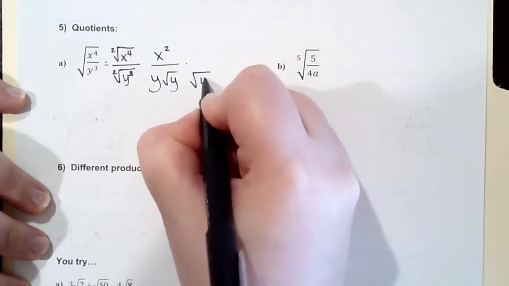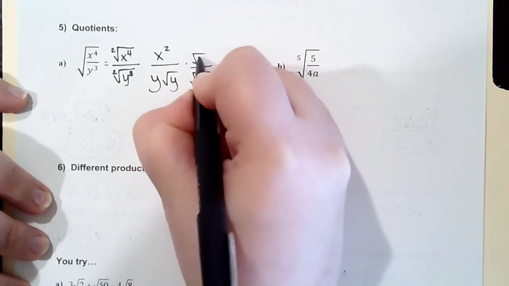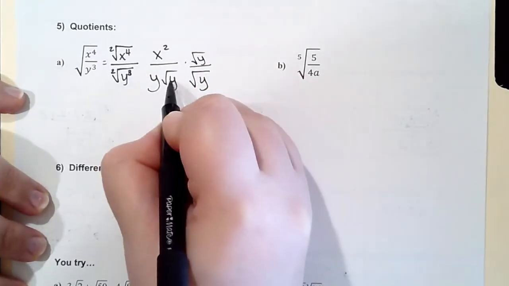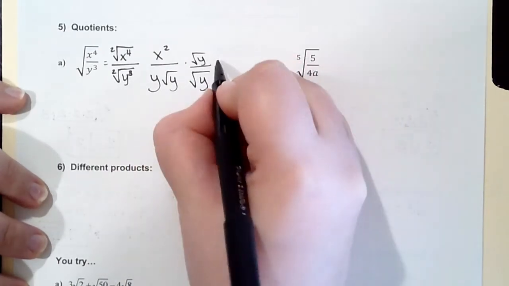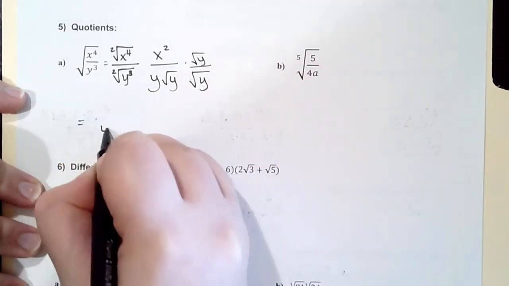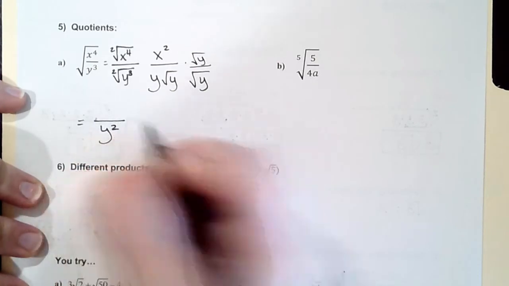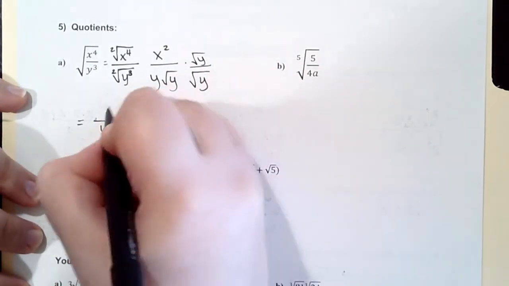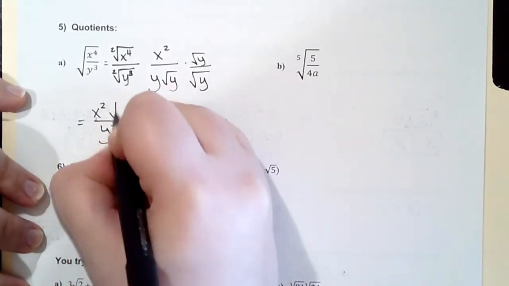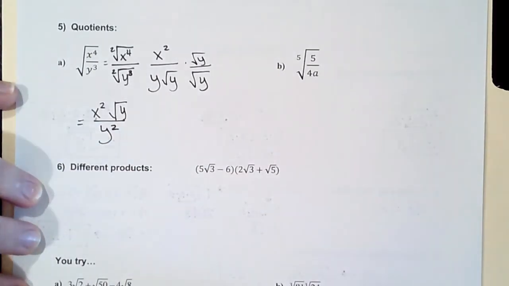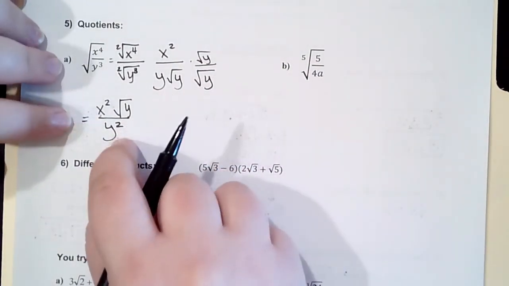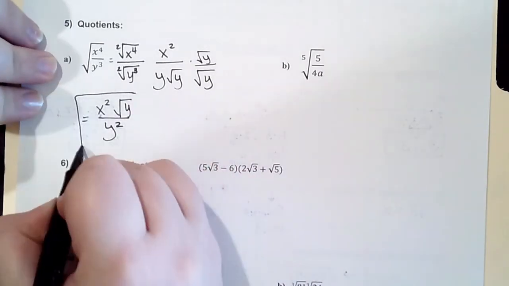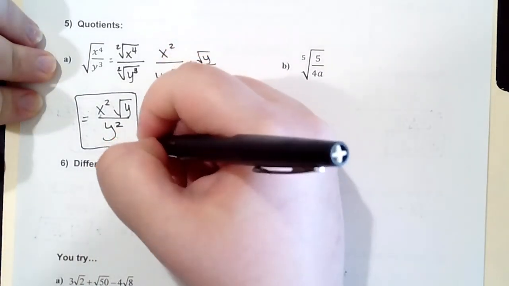So we're going to multiply by that radical only. Y times y, in this case, in the square root is y. So you're left with y squared on the bottom. You've got x squared times the square root of y left on top. I know this doesn't look any nicer than this, but it is technically the correct answer because it is fully simplified.